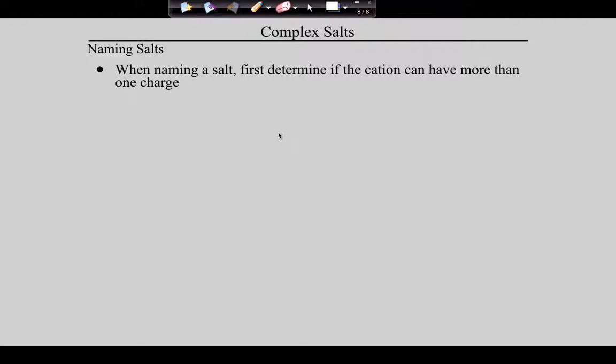When you're writing the names for salts, the very first thing that you've got to do is look up the positive ion, the first ion, the cation. Look that thing up on the periodic table and determine if it can have more than one charge. Now the answer is going to be yes or no. Either it can have more than one charge, and you'll see multiple charges on the periodic table, or perhaps it can't, and it'll only have one number given.